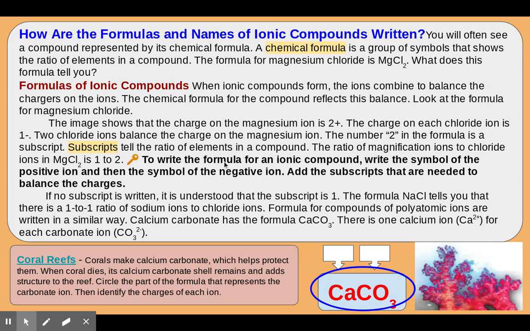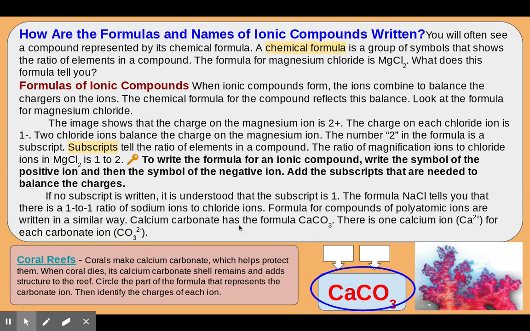To write a formula for an ionic compound, write the symbol of the positive ion first, then the symbol of the negative ion. Add the subscripts that are needed to balance the charges. So in the example given down here of the coral reef, the calcium carbonate, the formula for compounds of the polyatomic ions are written in a similar way.